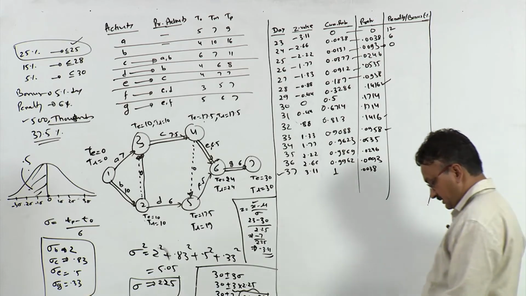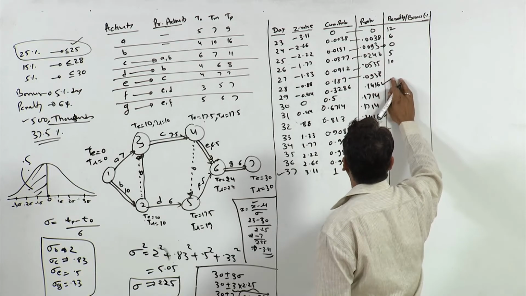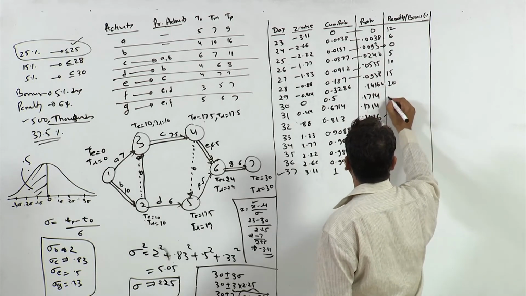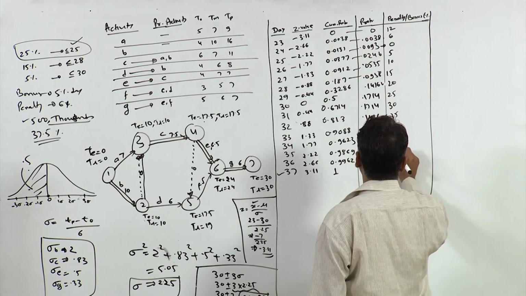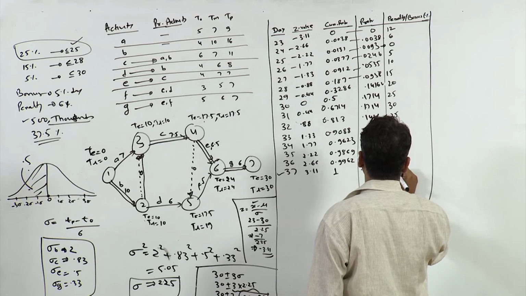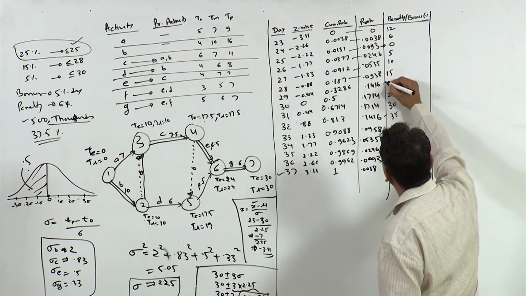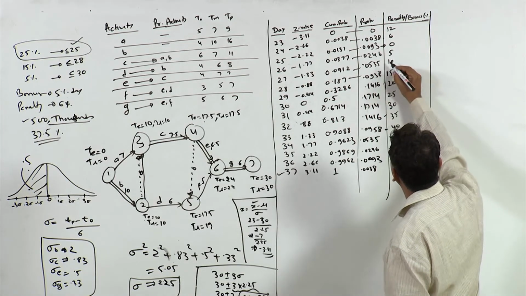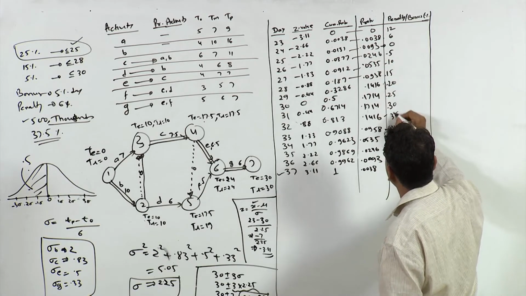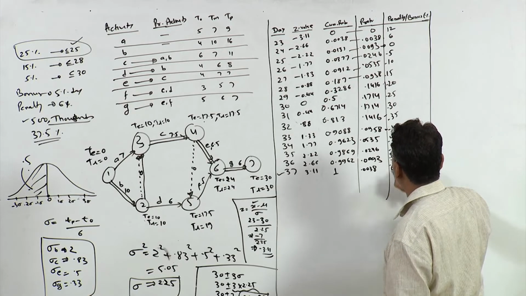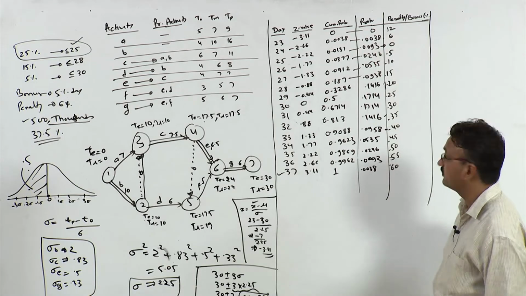So from the 26th day: 5%, 10, 15, 20, 25, 30, 35, 40, 45, 50, 55 and 60. Because all these are penalties, you can put a minus sign here. All these are minus, and of course this is plus 6% and plus 12%.